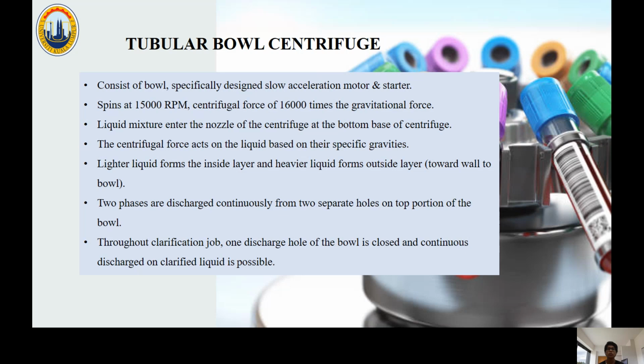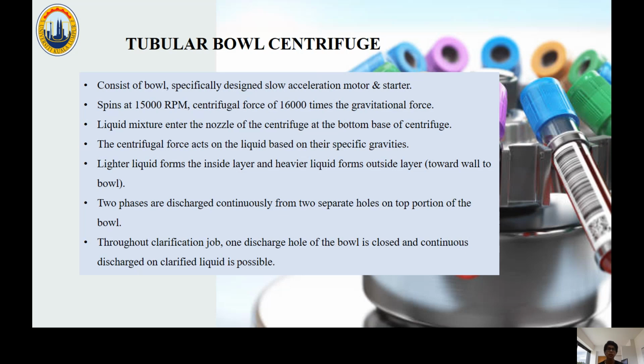The liquid mixture enters the nozzle of the centrifuge placed at the bottom base of the centrifuge. Then the centrifugal force acts on the liquid based on their specific gravities, in which the lighter liquid forms the inside layer and the heavier liquid forms the outside layer toward the wall of the bowl.